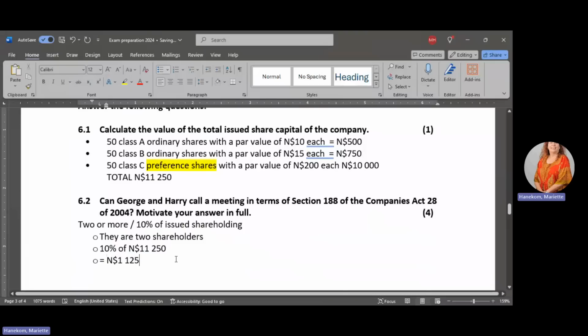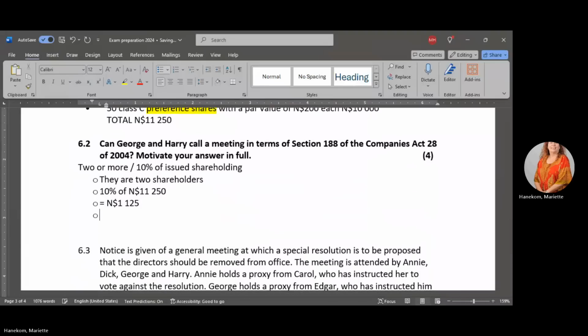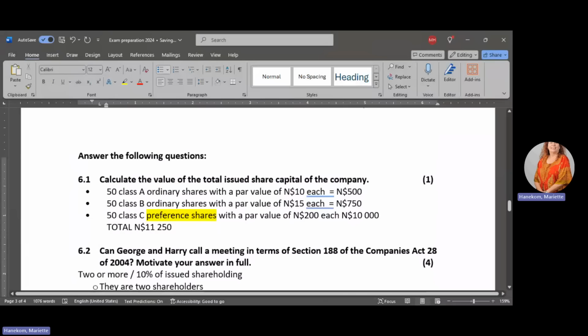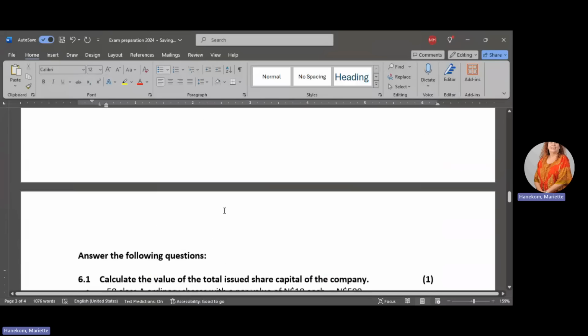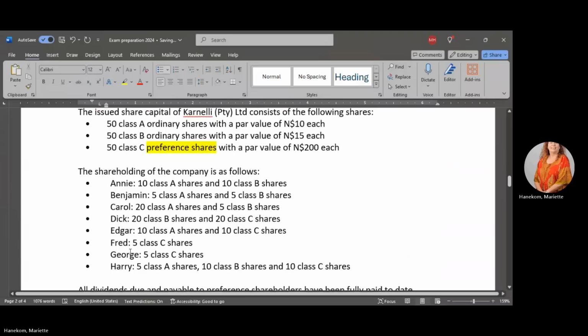Now, do they meet that requirement? In order to check whether they meet that requirement, you need to calculate the value of both George and Harry respectively.